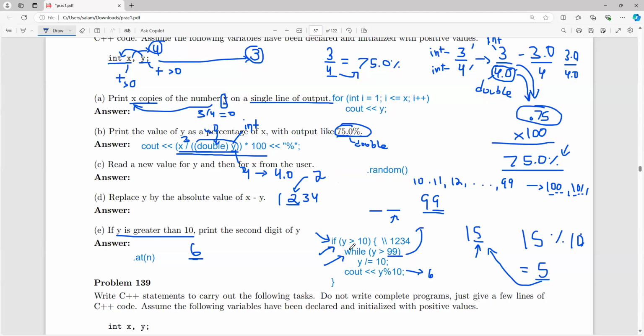However, if we just skipped this while loop and went straight to cout, this would print out 4, because that is the last digit. We don't want that. So we keep chopping off the last digit until only a 2-digit number remains. All right, so let's go 1 by 1.